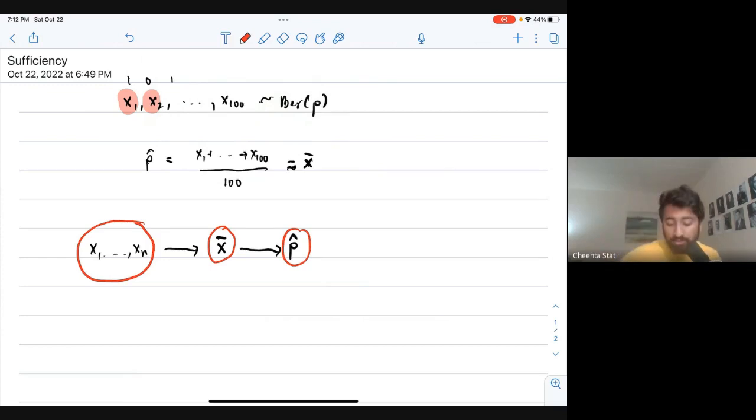For example, another way to see data compression is, let's say I write this.